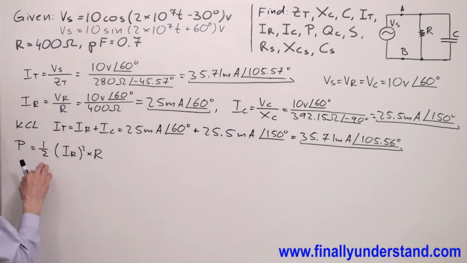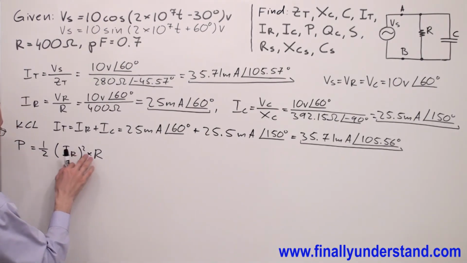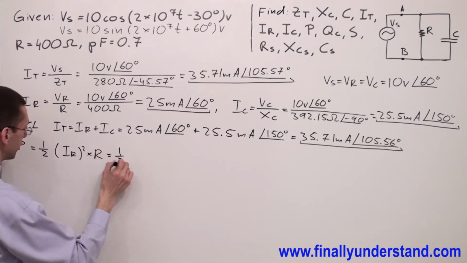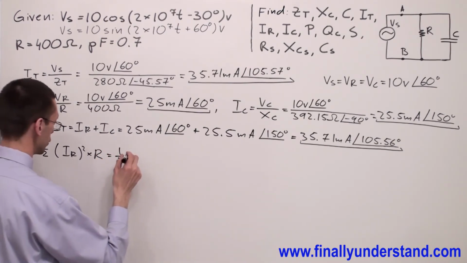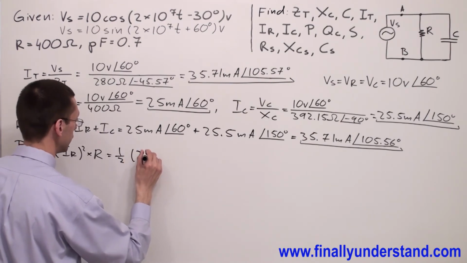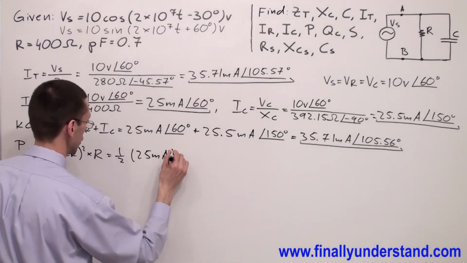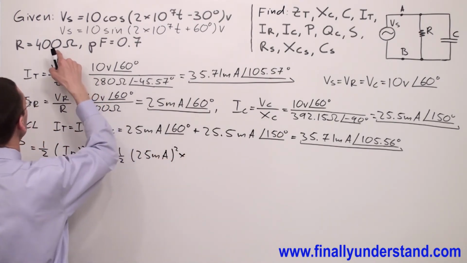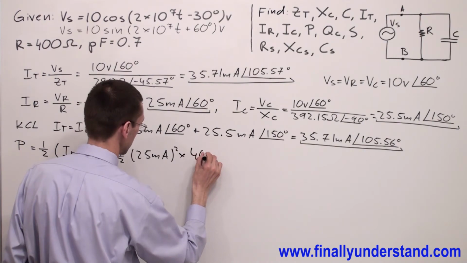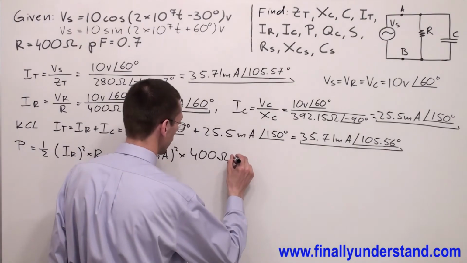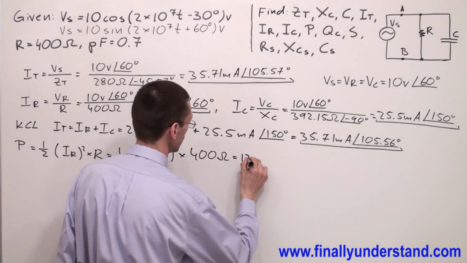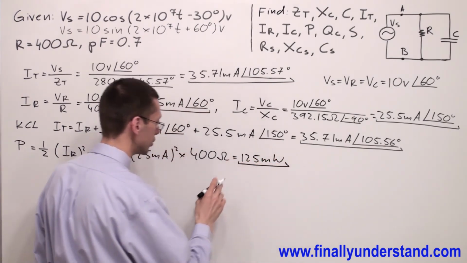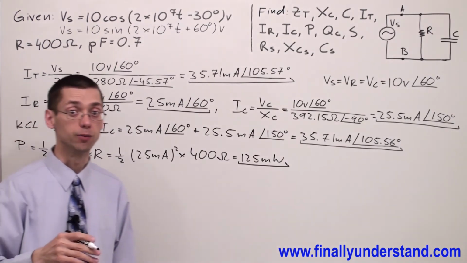So that's why I'm going to use the power formula with 1/2 at the front. So I'm going to have 1/2 IR squared, which is 25 milliamps raised to the second power times the resistance, which is equal to 400 ohms. This is equal to 125 milliwatts. And this is the true power in my circuit.